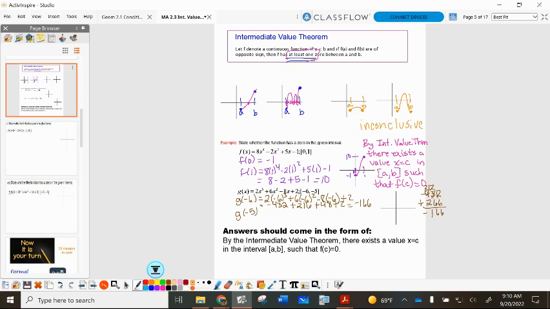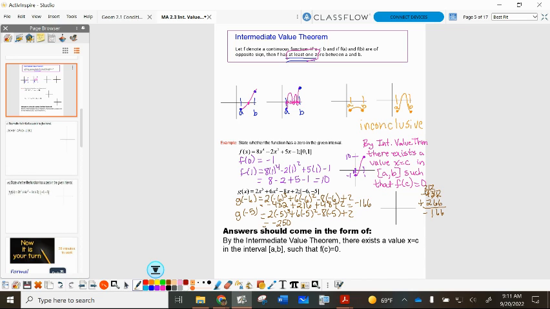Okay, all right, so let's find g of negative 5. 2 times negative 5 cubed plus 6 times negative 5 squared minus 8 times negative 5 plus 2. Okay, so negative 5 cubed is going to be negative 125, times 2 is negative 250.